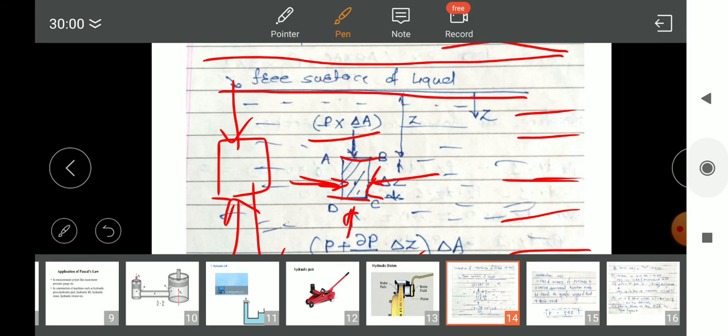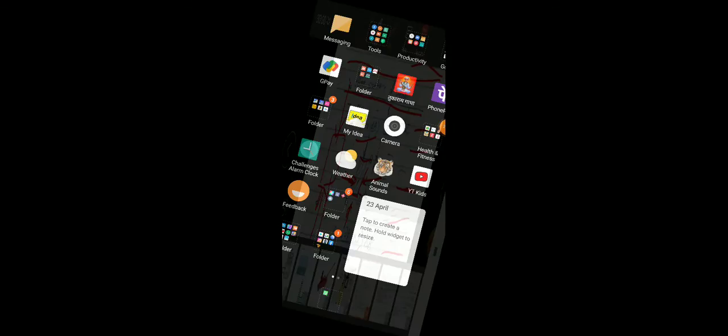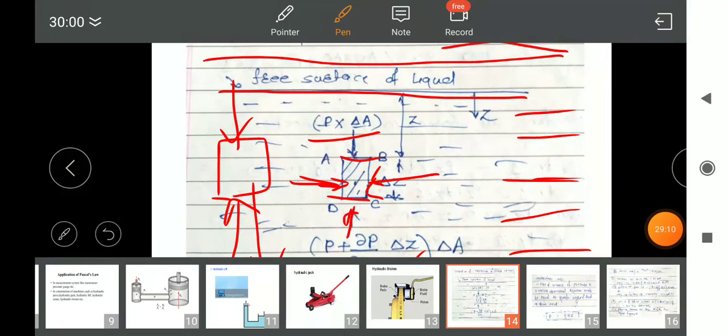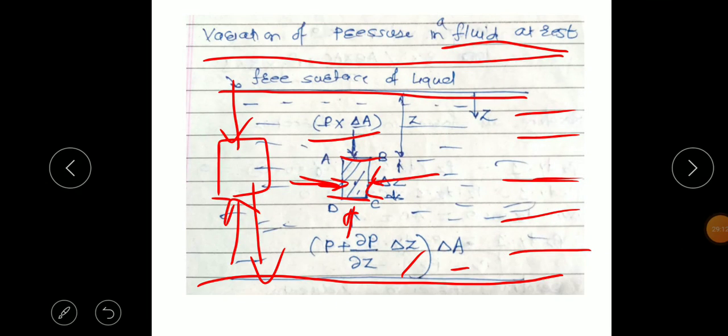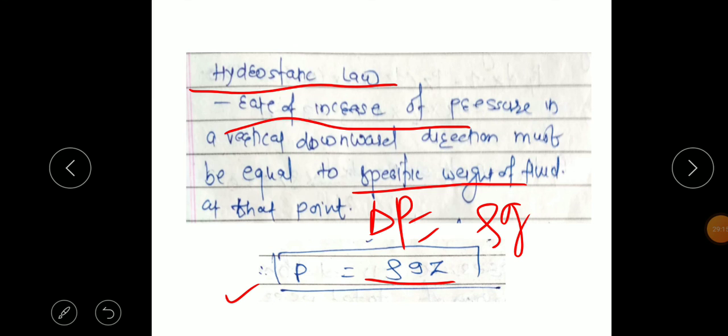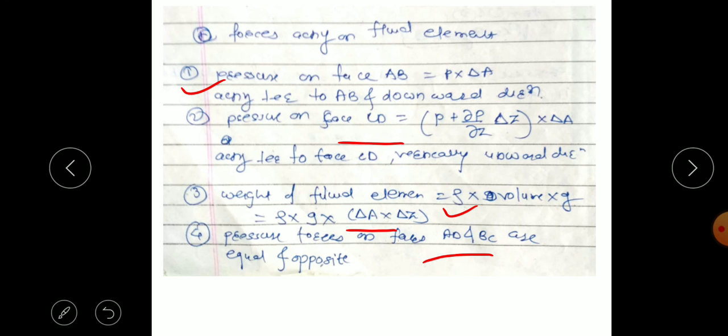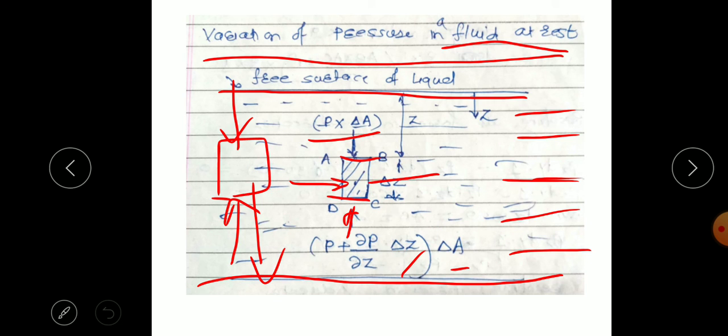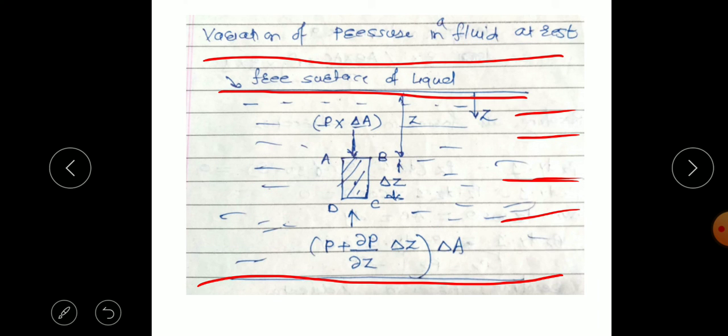So when we have to find the pressure at a depth, we use the hydrostatic law. It simply states that the pressure at a given point in the vertical downward direction you can find as rho g z.